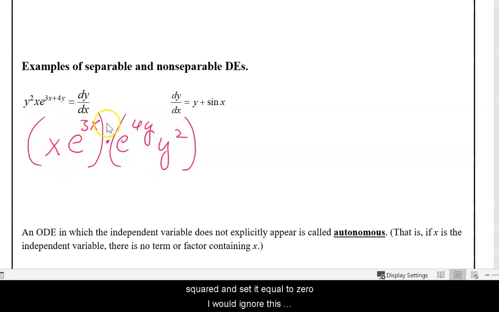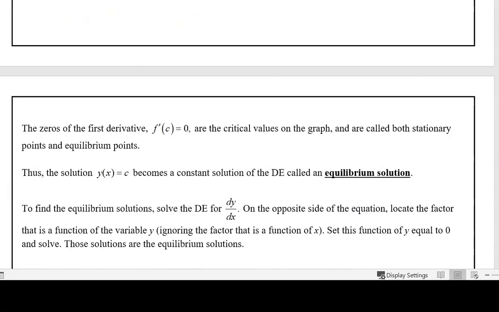I would ignore this factor here that is a function of only x. Now, e to a power can never be 0, so the equilibrium solution can't come from e to the 4y, which means it has to be coming from y squared equal to 0, which means y is 0. This, of course, is the trivial solution, which we talked about earlier as a singular solution.